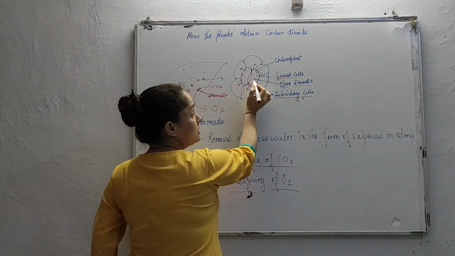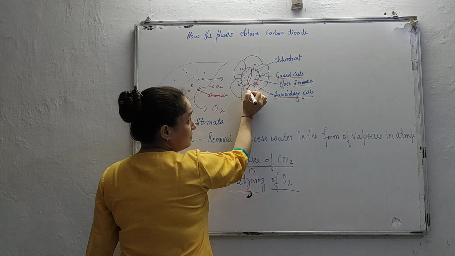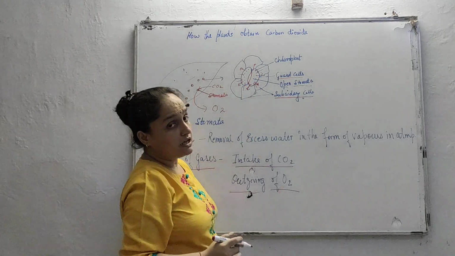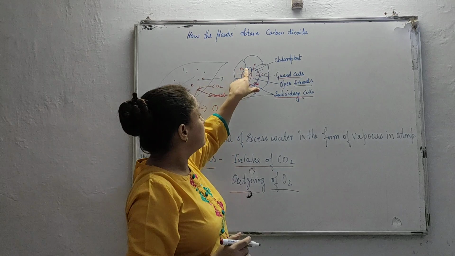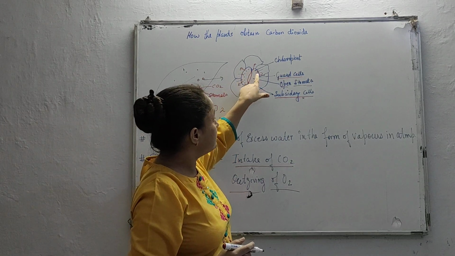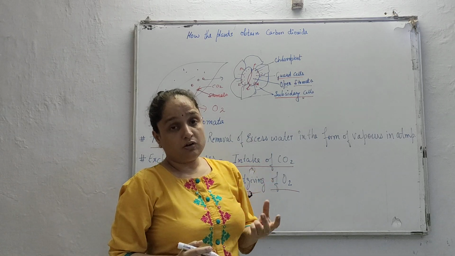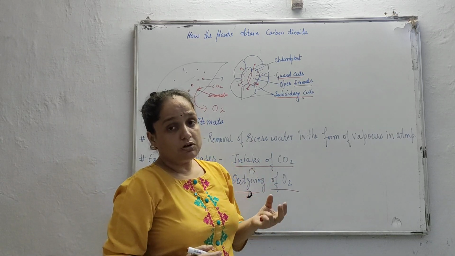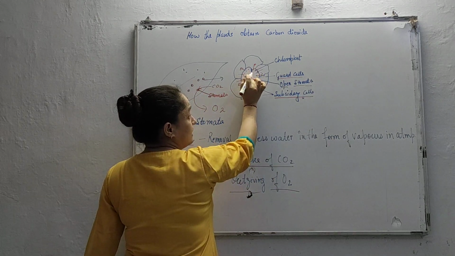During the evening hours or at night, the water is lost from the guard cell, meaning it comes outside and enters the subsidiary cell. Because of the loss of water, the guard cells shrink and become flaccid, and they close this tiny pore.